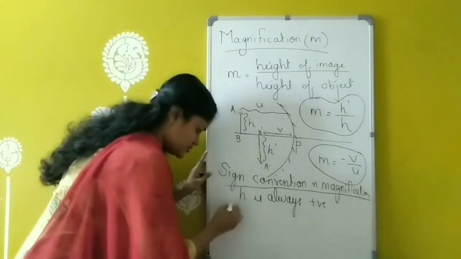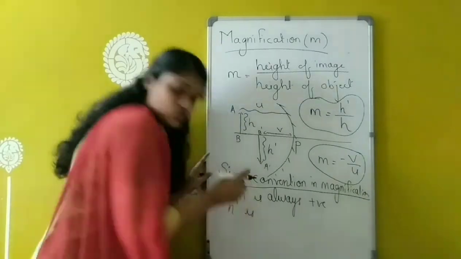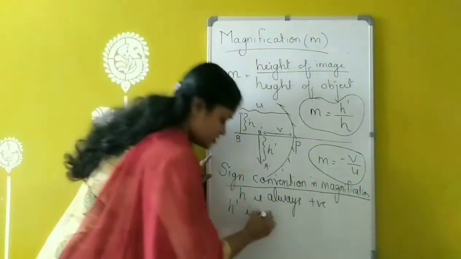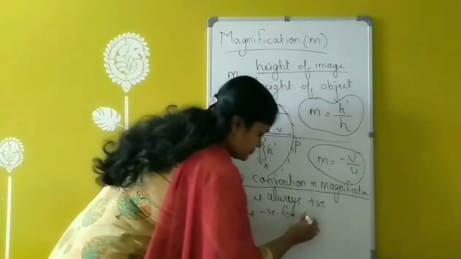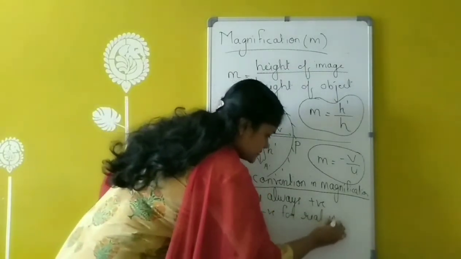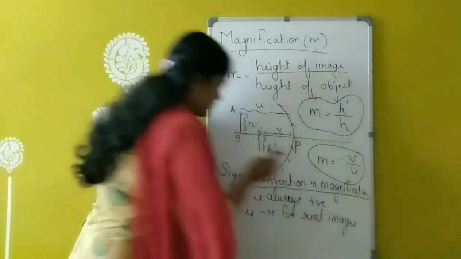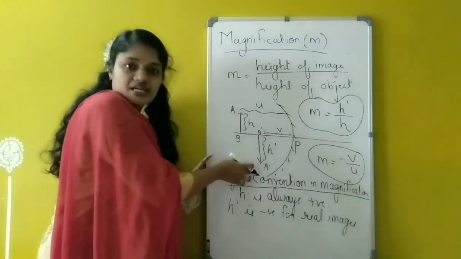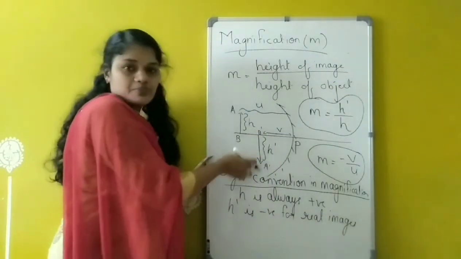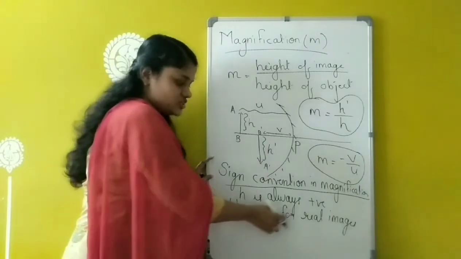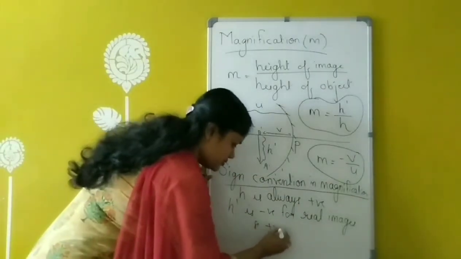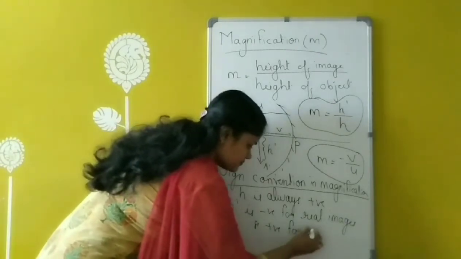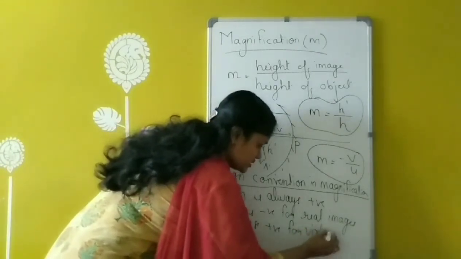But h dash is not always positive. h dash is negative for real images. All the real images are inverted, so you will get the image below the principal axis. So h dash is negative for real images and positive for virtual images.